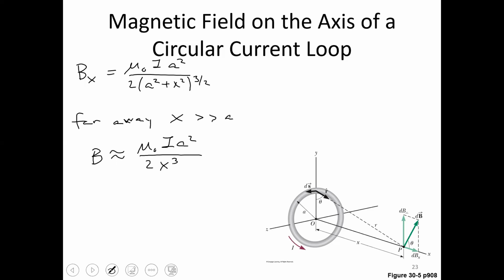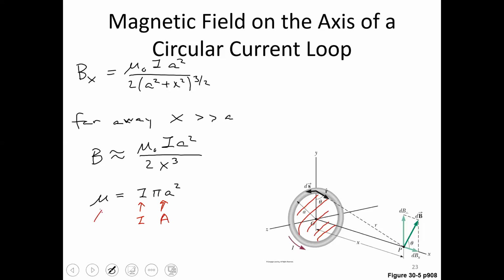This can actually be thought of in terms of the dipole moment of our loop. So remember, dipole moment is our current times the area that's described by that current loop, right? So this is the area that's described.